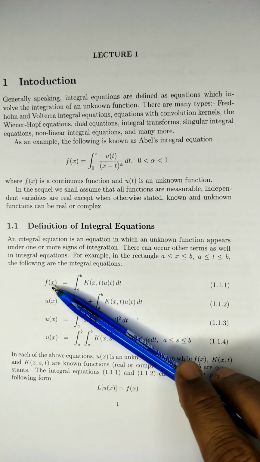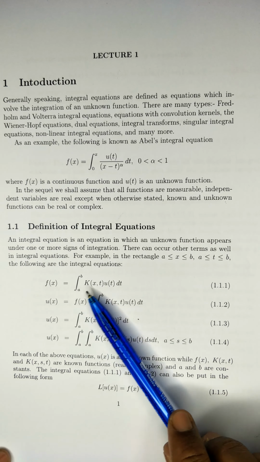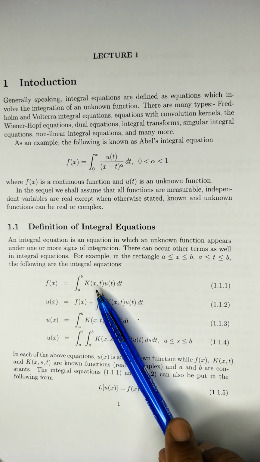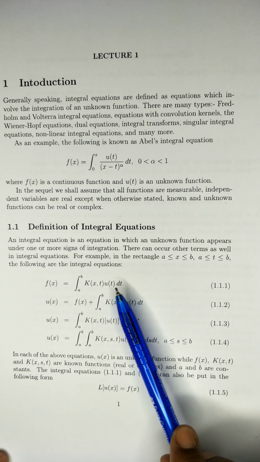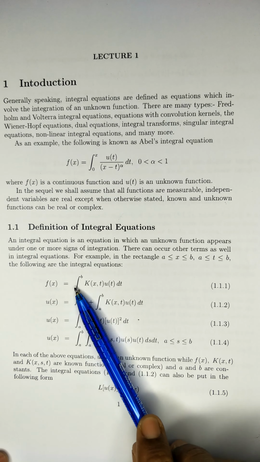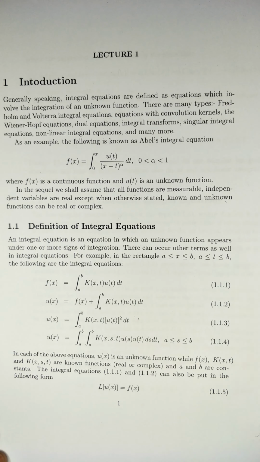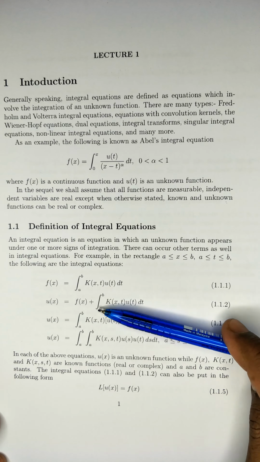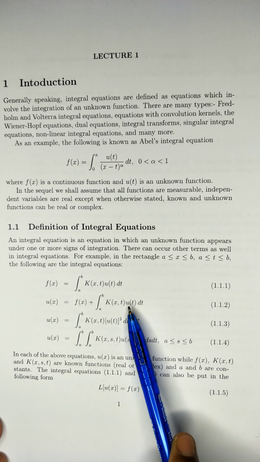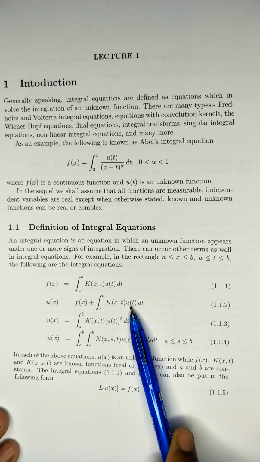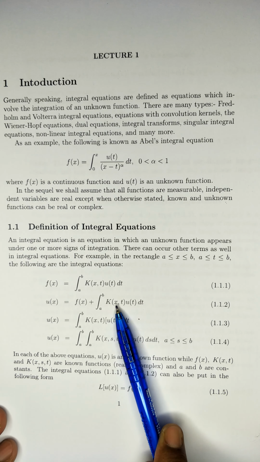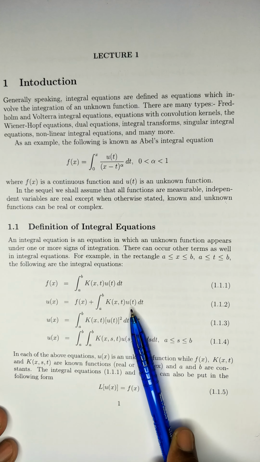This is the first: you have f(x) equals the integral from a to b of k u dt. In this case, the unknown function appears under the integral sign. In the second case, you have the unknown function u(x) and u(t). f and k are known, so it is also an integral equation.